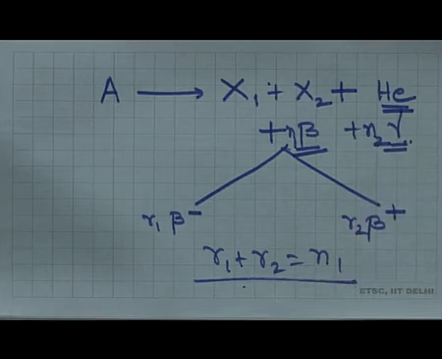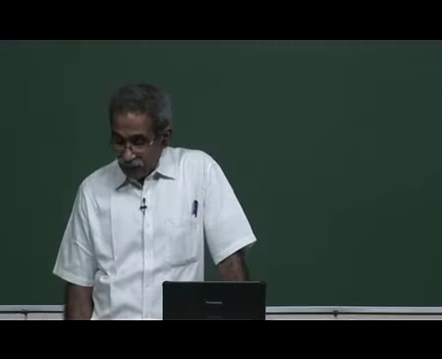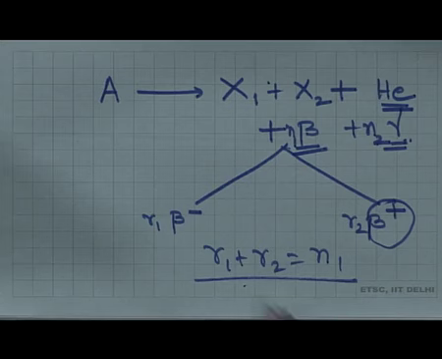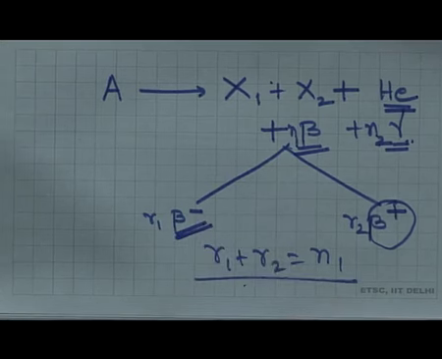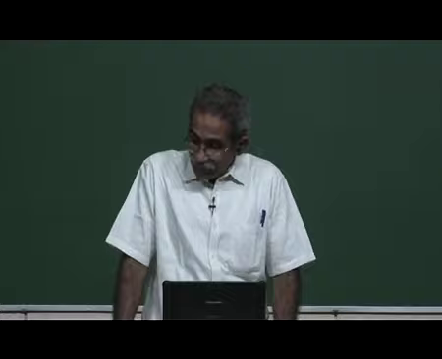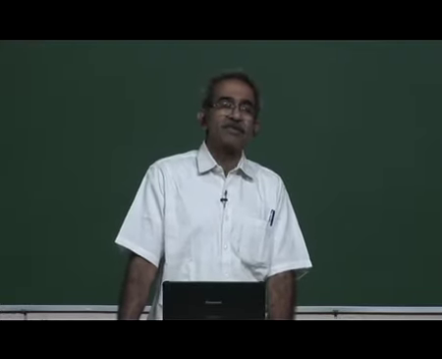Number 2, you should conserve total charge. Remember, protons carry a positive charge, positrons or the so called beta plus carry a positive charge, and electron carries a negative charge.